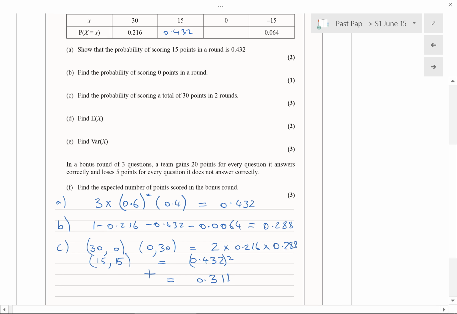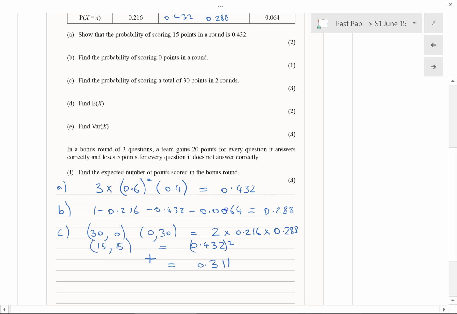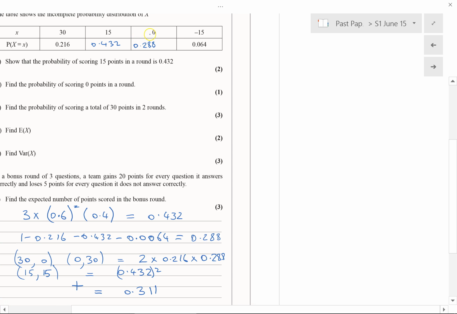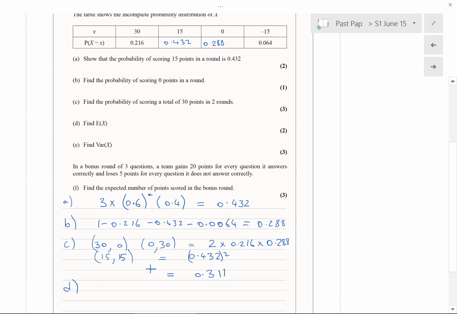Okay, so that was not too bad. And then E(X) is basically the sum of the products of these. That times that, that times that, that times that, plus that times that.